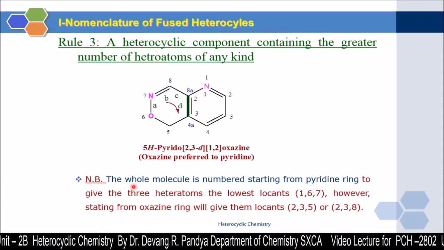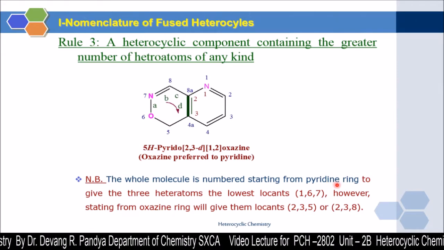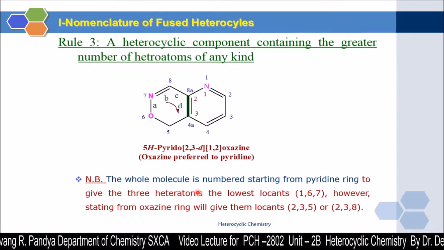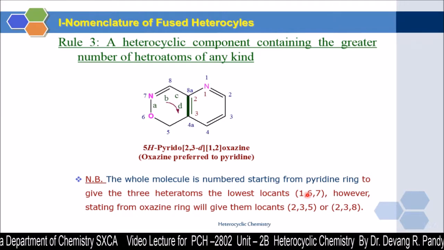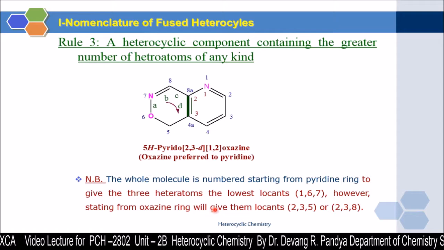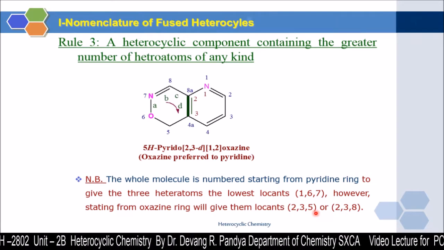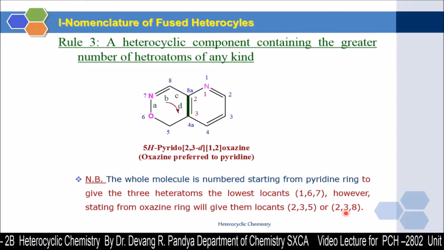Now note that the whole molecule numbered starting from the pyridine ring gives the 3 heteroatoms the lowest locants 1,6,7. However, starting from the oxygen ring will give them locants 2,3,5 or 2,3,8.